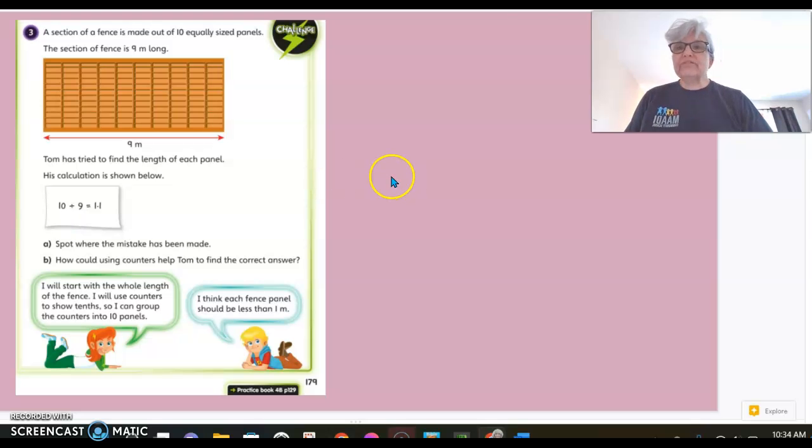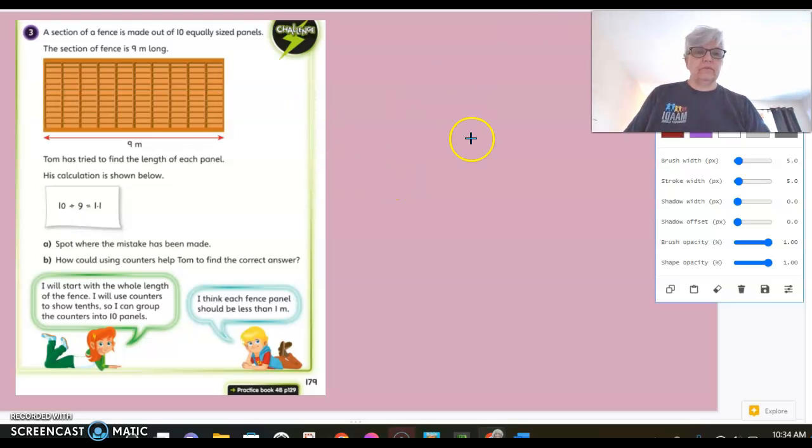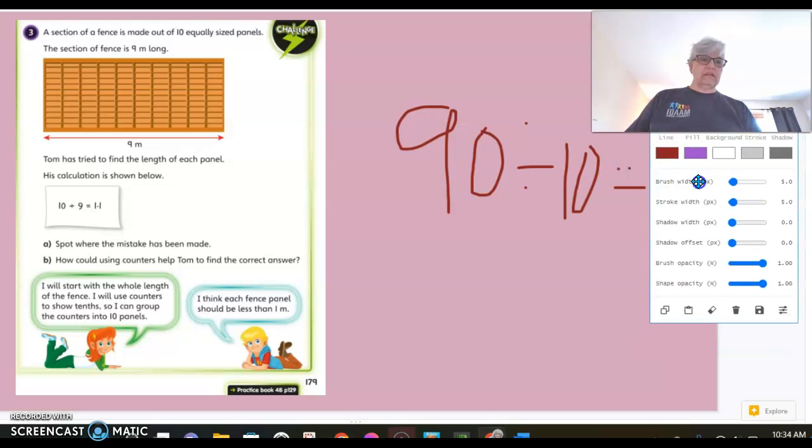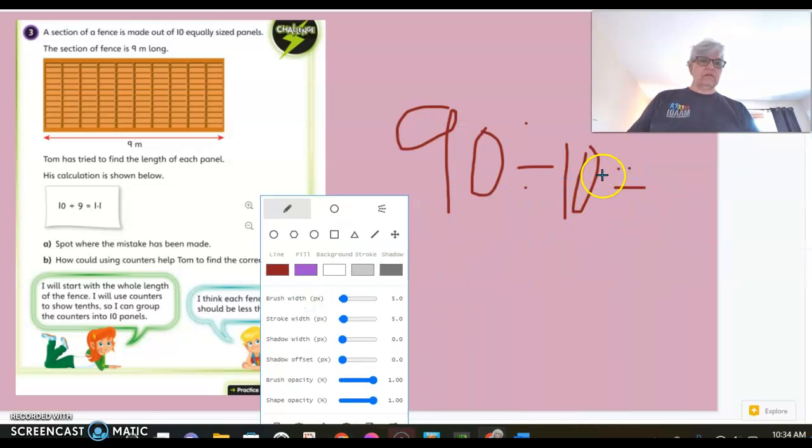What he should have done was said 90 divided by 10, and what does that equal? 9. All right. 90 divided by 10 is equal to 9.